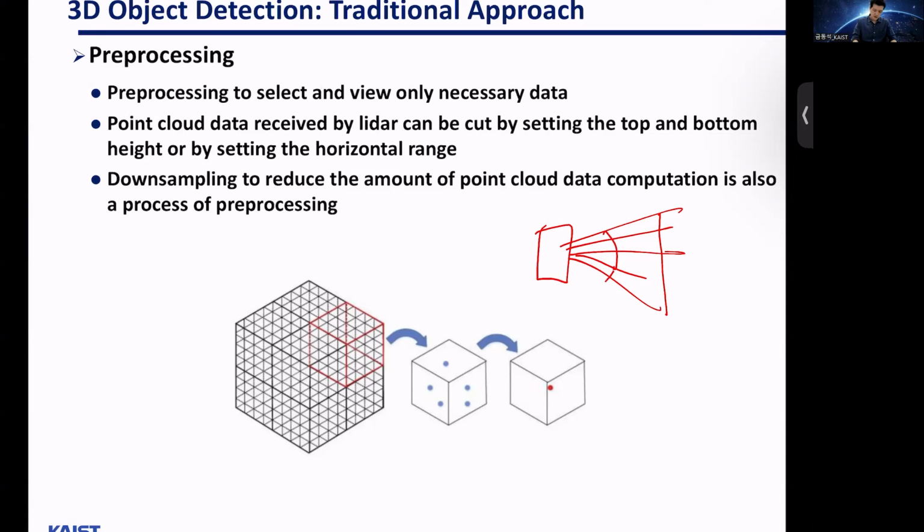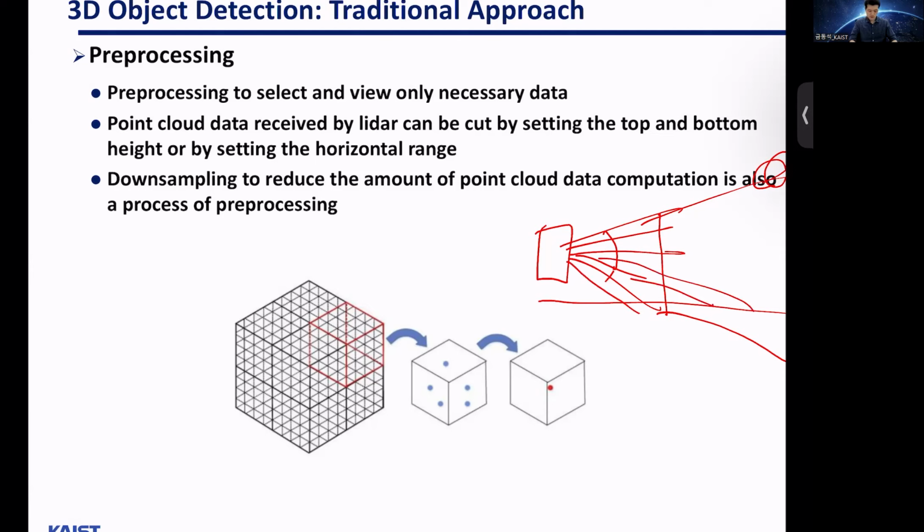When your detection range extends to the distance, then you can have point clouds that are actually in the sky or ground. So here are the ground points, right?